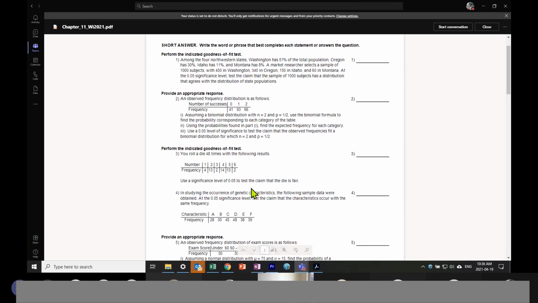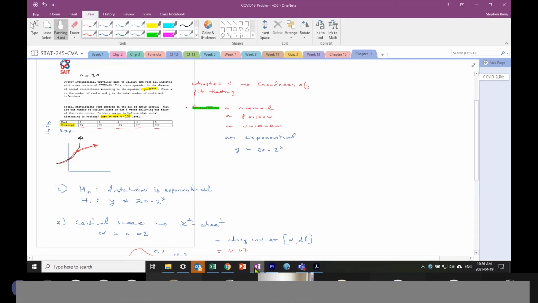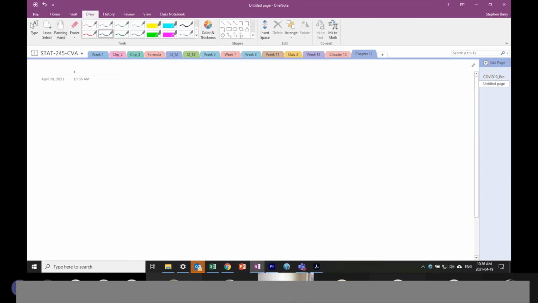This is actually a really good type of question as well. When you have a dice question, you always have to figure out what the expected distribution is. In the previous example, it was exponential, according to y equals 2 to the power of x.